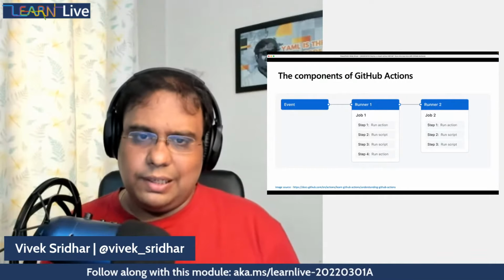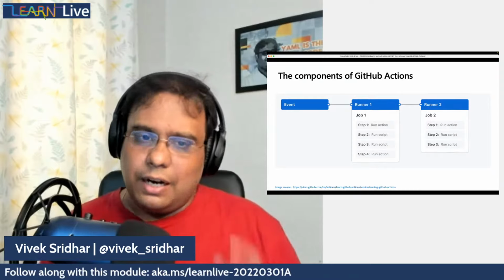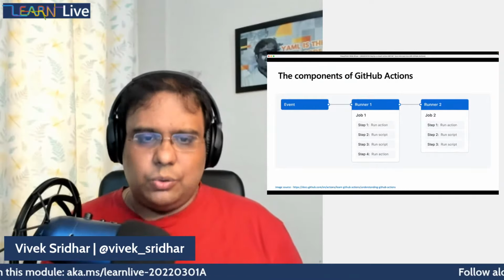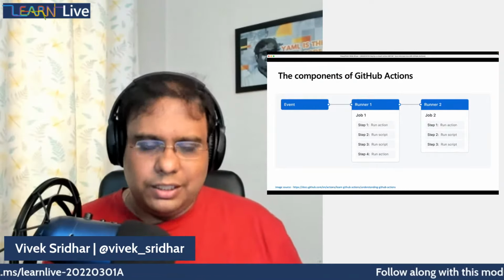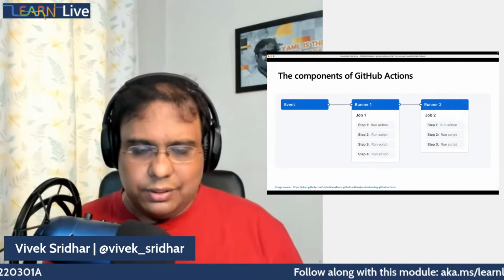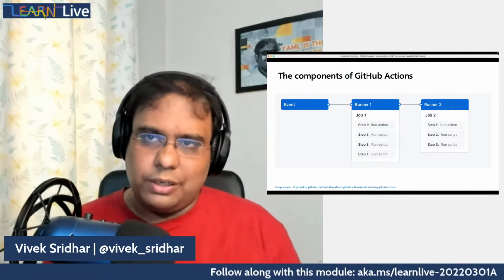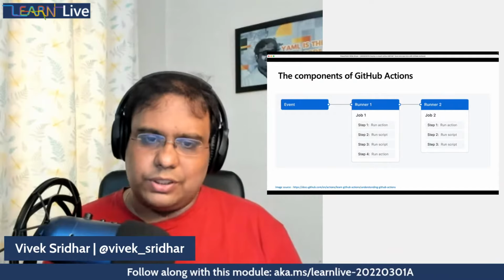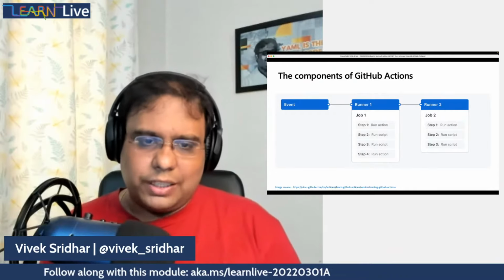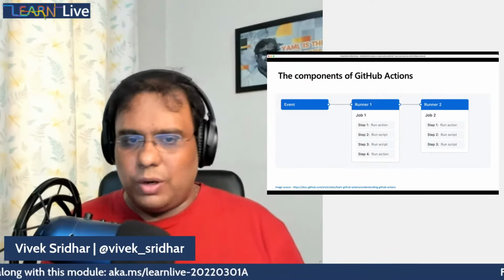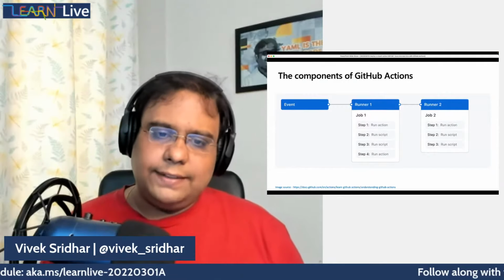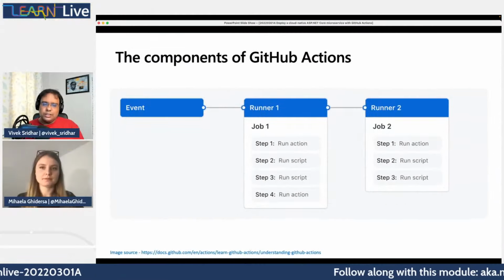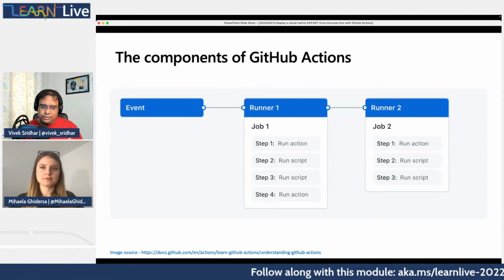So as Mihela mentioned, runners are nothing but the infrastructure. To run any script, you need an infrastructure. To run anything, you need infrastructure. If you want to run a container, you need an infrastructure. So that is where the runner comes in. GitHub provides you the infrastructure to execute jobs. A job is a set of steps.